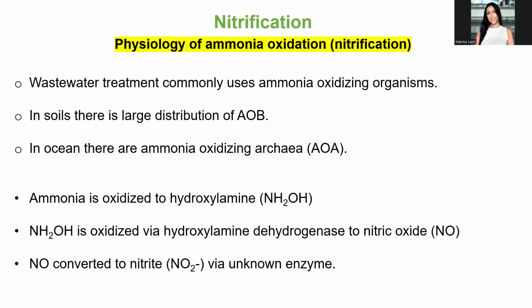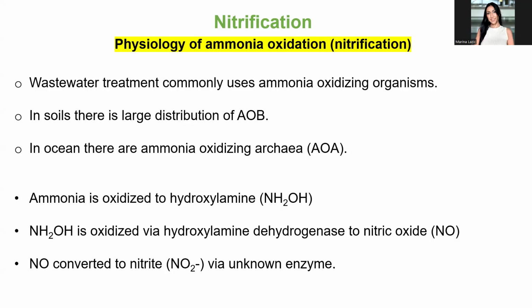In the process of oxidation, ammonia is the electron donor, the energy source. Ammonia is oxidized to hydroxylamine by an enzyme called ammonia monooxygenase, or AMO. Then hydroxylamine, NH2OH, is oxidized by hydroxylamine dehydrogenase, or hydroxylamine oxidoreductase, to NO, which is nitric oxide.